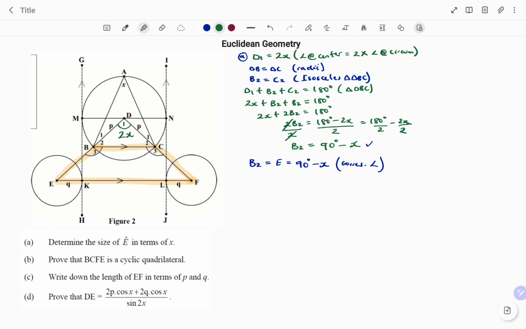I'm going to start with the line DB. So we have question B. The line DB is equal to the line DC.